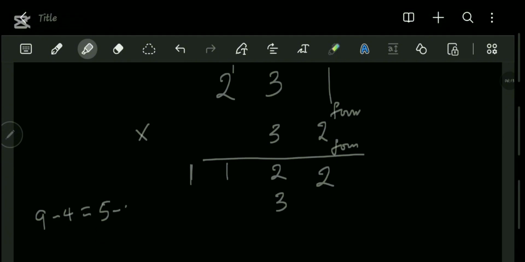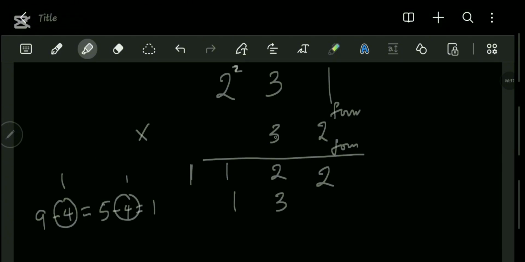If I subtract 4 from 5, it gives me 1, so I can drop this 1 here. But how many times did I have to subtract 4 from 9? I have to subtract 4 two times, that is this and this. So I'm carrying 2 over to this place.